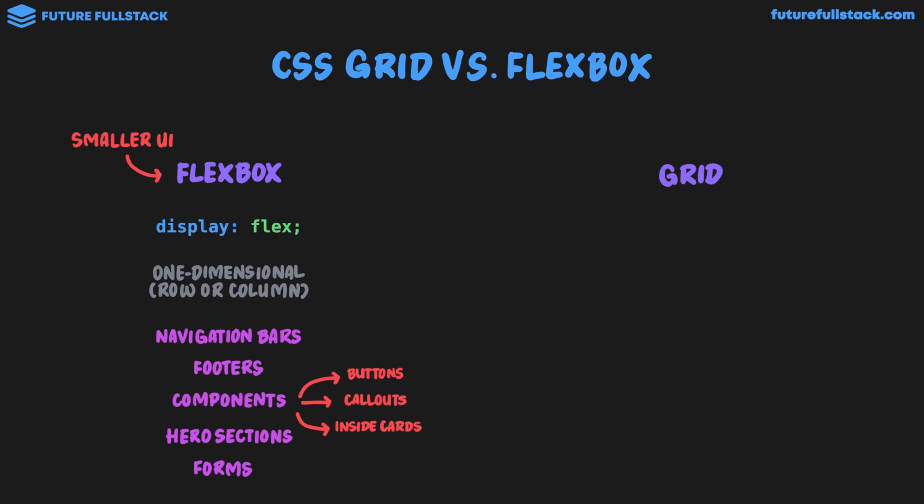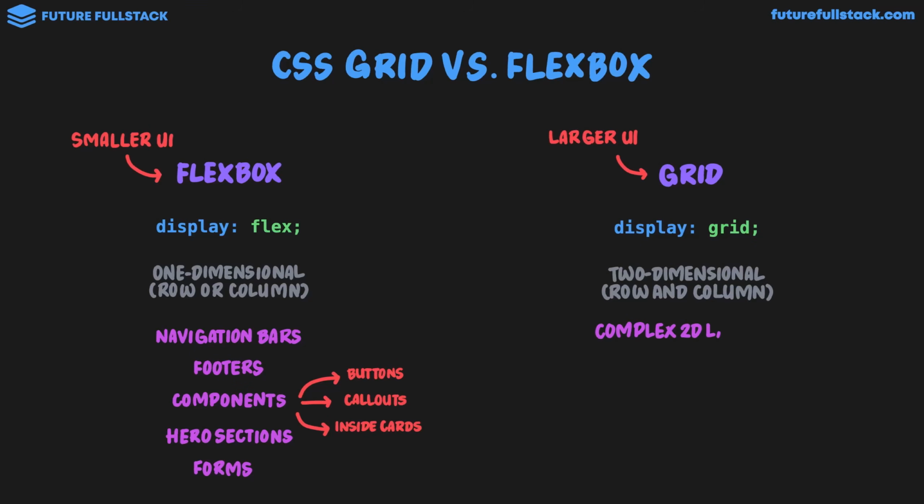Looking now at Grid, as a rule of thumb, this is used on larger UI. We know it's defined like this, and CSS Grid is a 2-dimensional layout model with rows and columns. Common places we'd see CSS Grid is in complex 2D layouts, like we saw earlier, with the images and text spanning different grid cells.